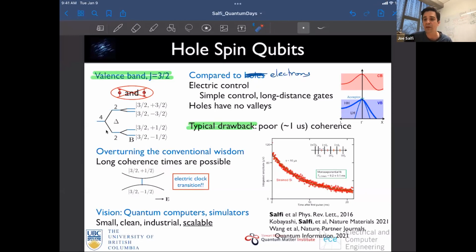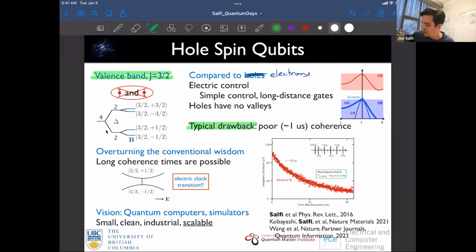And so the whole key behind this story, which first started out as a combination of experiments on hole devices and then theory on the coherence of hole devices, is the realization that if the spin orbit coupling is big enough, it's not appropriate to treat it perturbatively anymore. And that non-perturbative treatment allows you to find some situations where you get a level repulsion, and that level repulsion is pretty much always the key to these electric clock transitions.